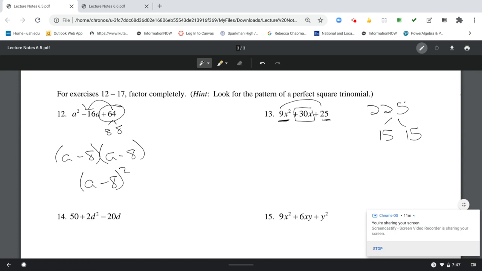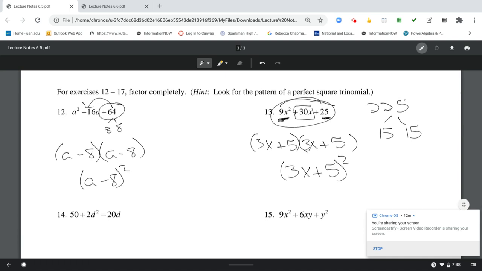So if you notice, 3 times 5 gives me the 15. So when I break this down, I'm going to break up the squares. 3x, that's my squares, 5, and since all things are positive, I would have two plus signs in my binomial factors. So 3x plus 5 squared would be my final answer.